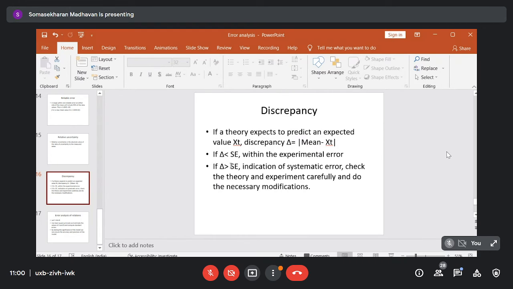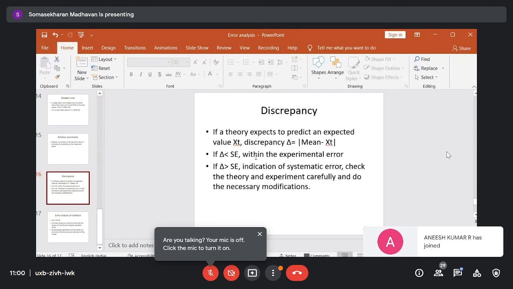But if delta is greater than the standard error, it is an indication of systematic error. Then you have to check the theory and experiment carefully and do the necessary modifications wherever required. Okay. So this is the analysis to be done to find out any discrepancy.